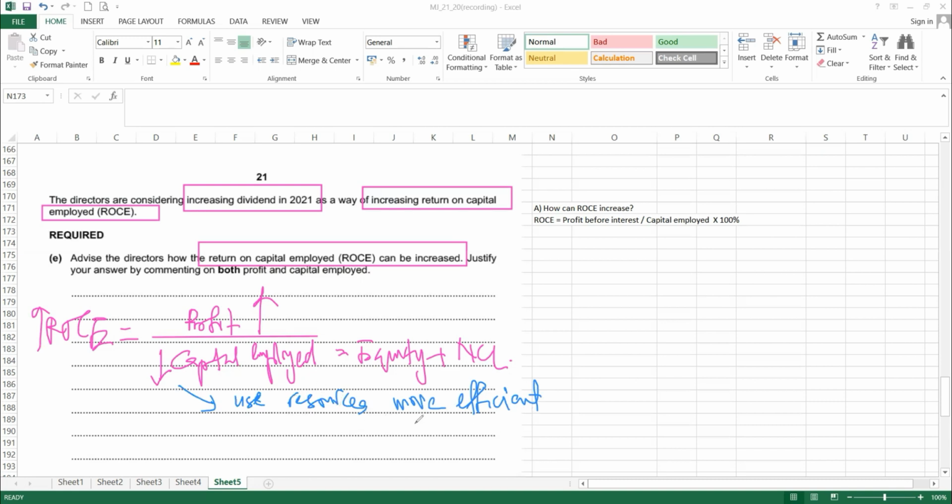That is called using resources more efficiently. You can reduce the capital employed. So there are two ways that can cause ROCE to increase.